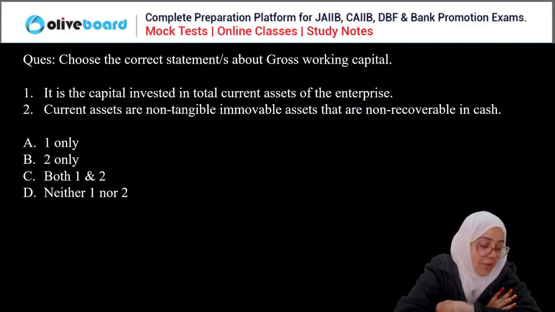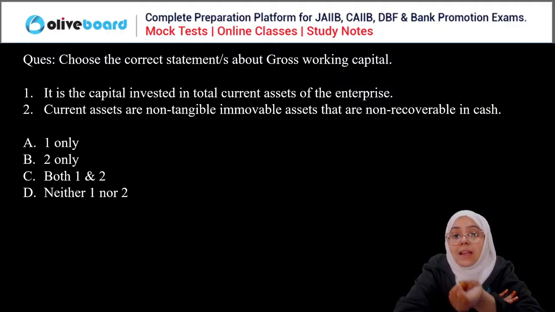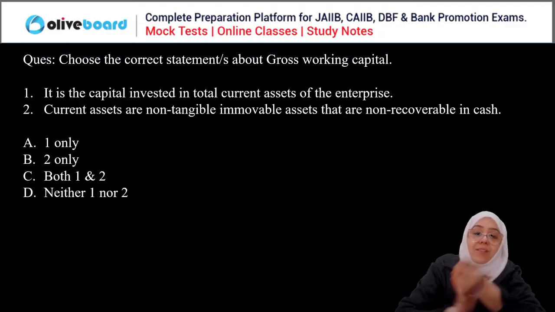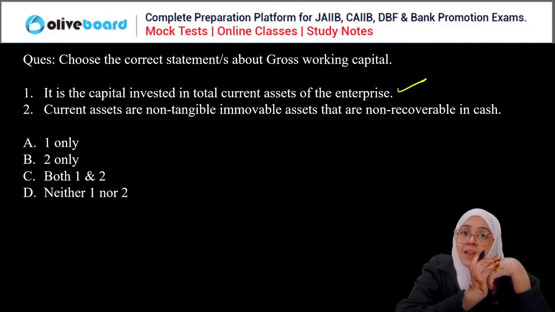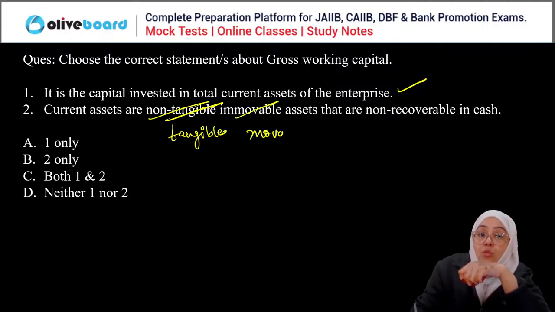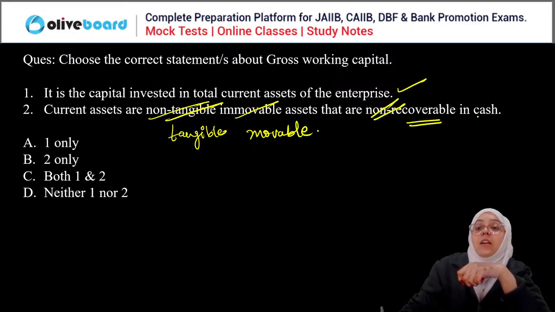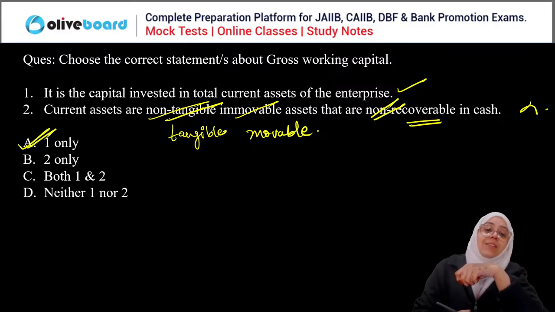Okay everyone, first, it is the capital invested in the total current assets of the enterprise, right? Current assets are non-tangible? No, current assets are tangible, that can be seen, that can be touched, that can be moved, and that can be recovered in cash. So the second is the wrong point. Only one is the correct statement here.